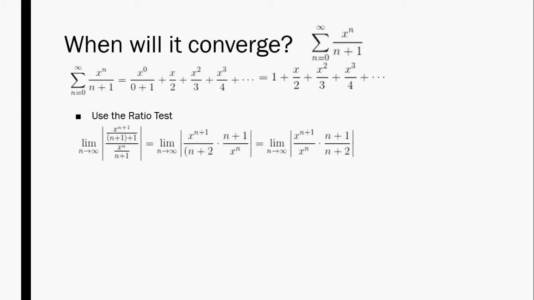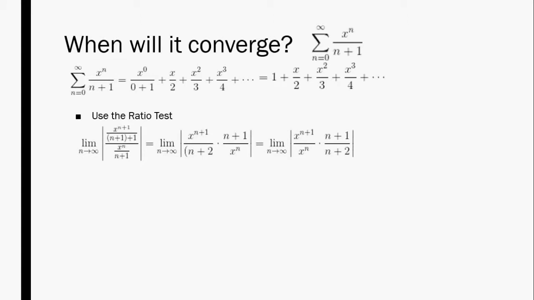So here I've taken the limit as n approaches infinity of the value of the sequence when I plug in n plus 1, and that's the top, so x to the n plus 1 over n plus 1 plus 1, and then divided by the nth term of my series, which would be x to the n over n plus 1.